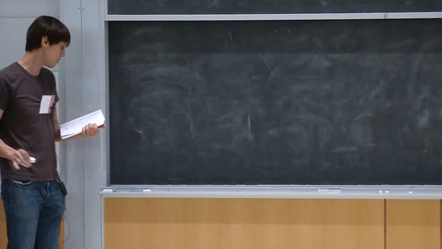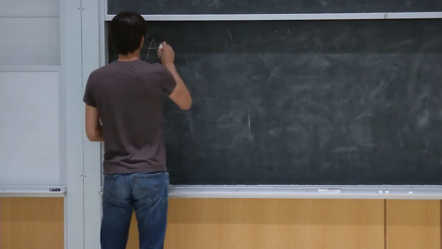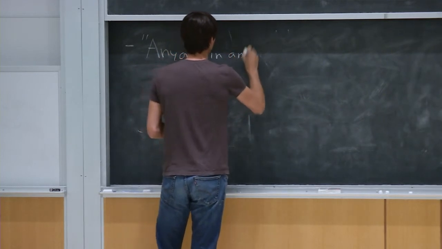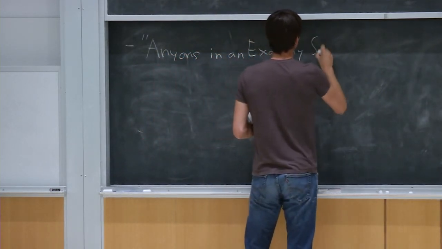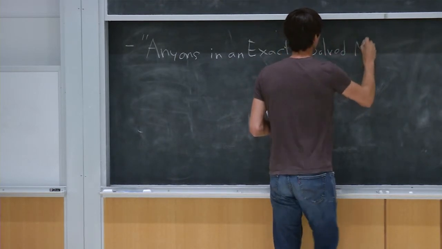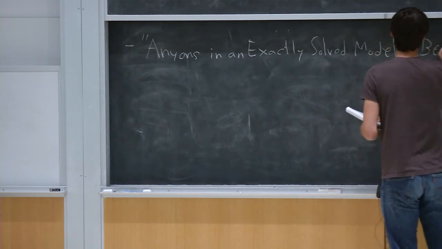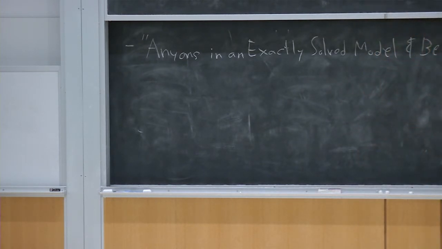Honestly, in 2 minutes I can't do that much, so let me leave you with this. There's a paper by Alexei Kitaev, and the paper is long, but specifically Appendix E. I'm serious.